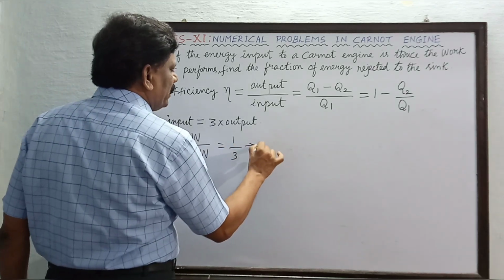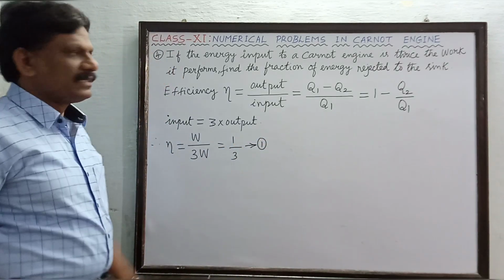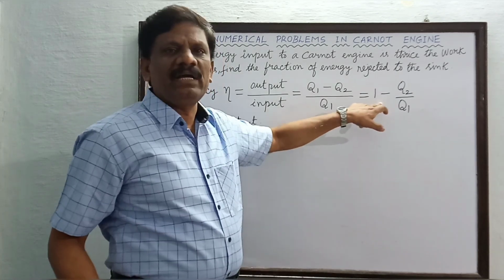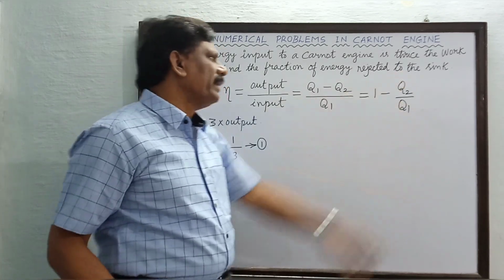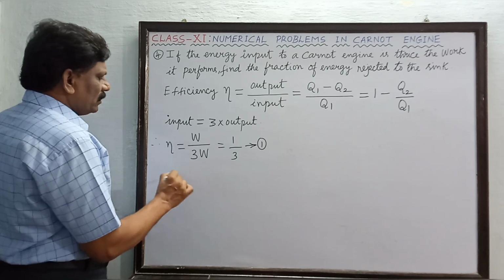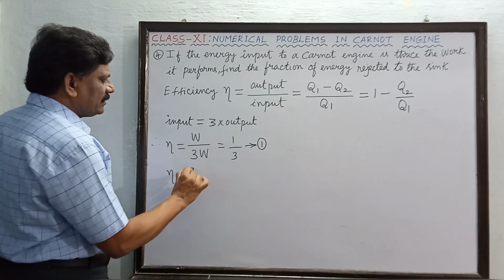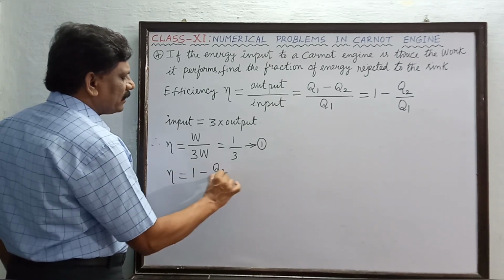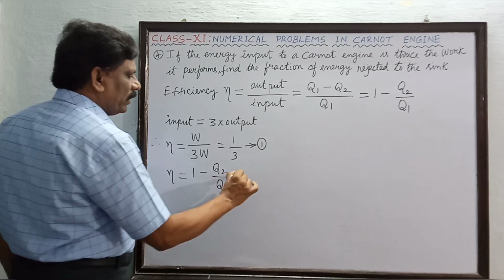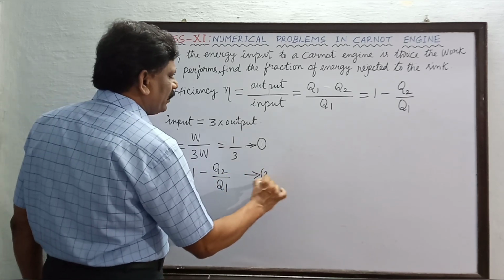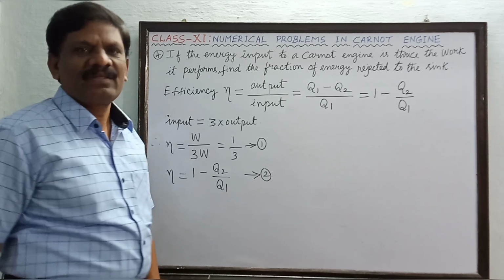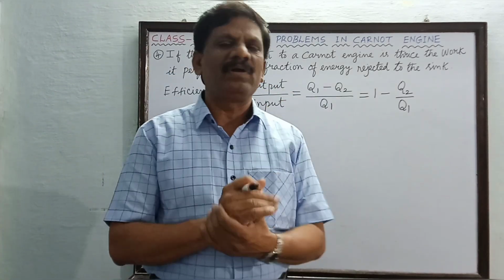So this is one equation. Next, I am going to substitute: efficiency is also equal to 1 minus Q2 by Q1, and this is equation number 2. Have you understood what is given in the problem?